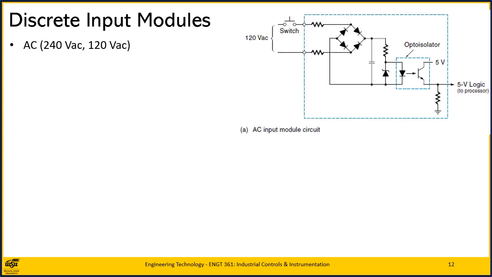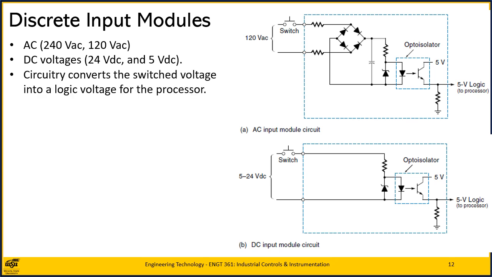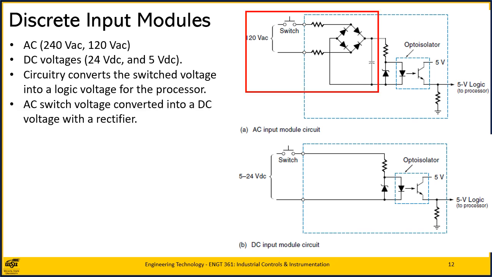Discrete input modules connect real-world switches to the PLC and are available for either AC or DC voltages, typically 240 volts AC, 120 volts AC, 24 volts DC, and 5 volts DC. As shown, circuitry within the module converts the switch voltages into a logic voltage for the processor.